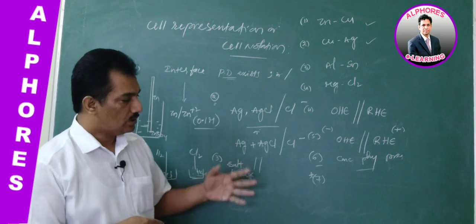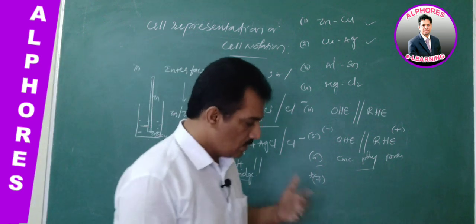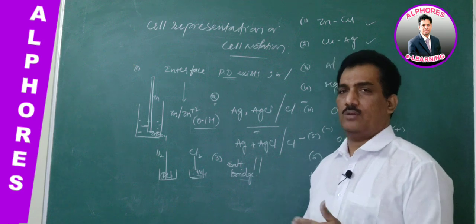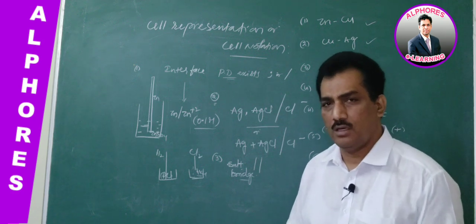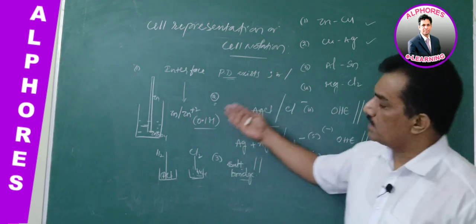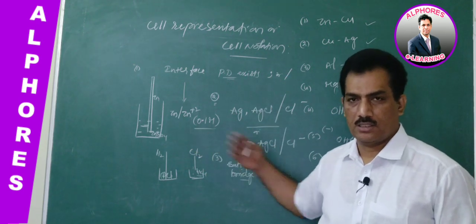Then concentrations, physical states or pressures, and all other information related to the chemical species involved in the electrochemical cell, can also be represented at their respective chemical species like this.